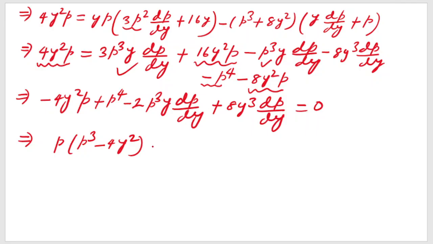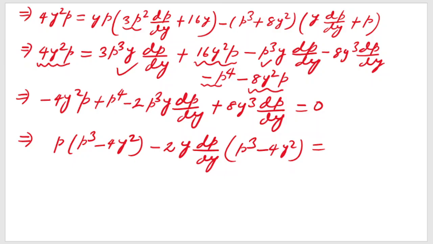And from these two, what can I take common? I can take minus 2y dp by dy common. So in the bracket, I will get p cube, since I have already taken minus 2y common, and here it is plus, so it will become minus, and it will become 4y square. I hope it is correct.